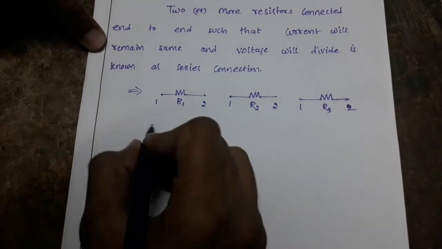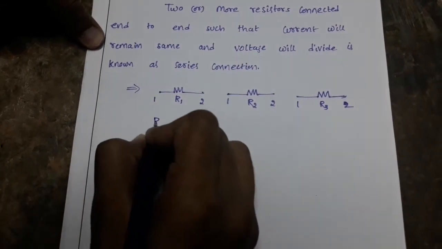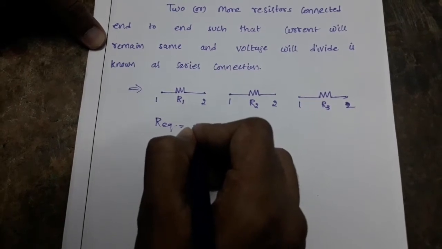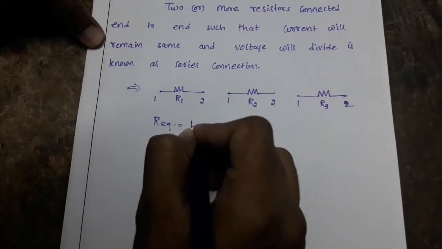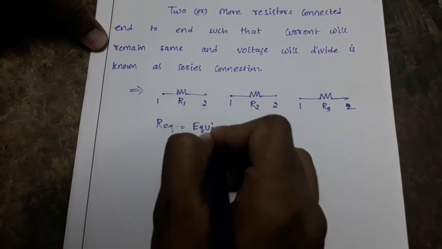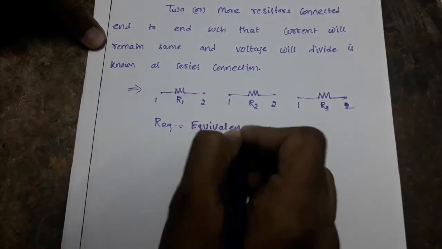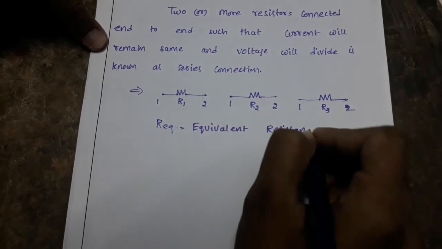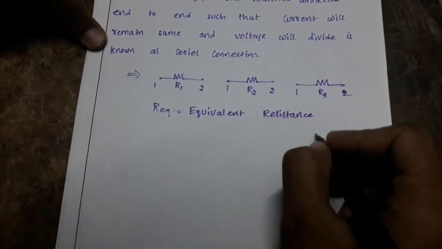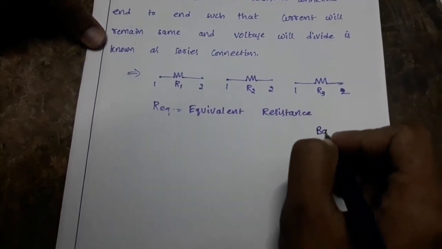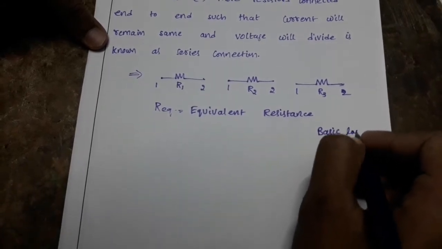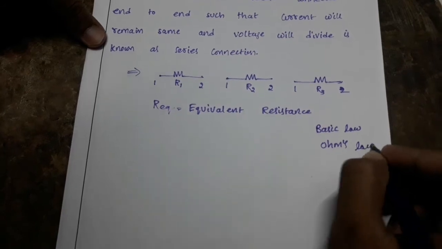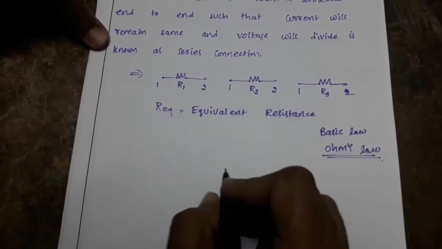For finding the equivalent resistance, that is R equivalent, we have to know the basic law, that is Ohm's law. For this, please go through the previous video.